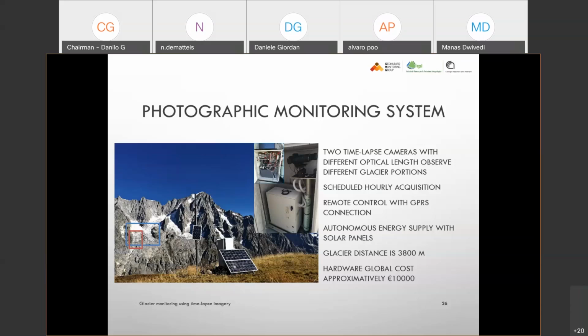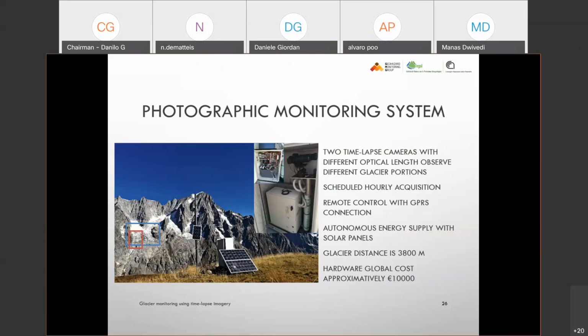As this station is energetically autonomous, thanks to a series of solar panels, it is remotely controlled with a GPRS connection. The system is controlled by a Raspberry Pi microcomputer, very cheap.